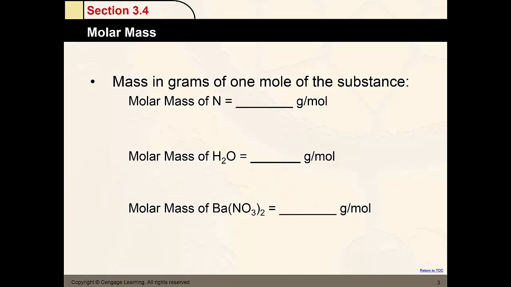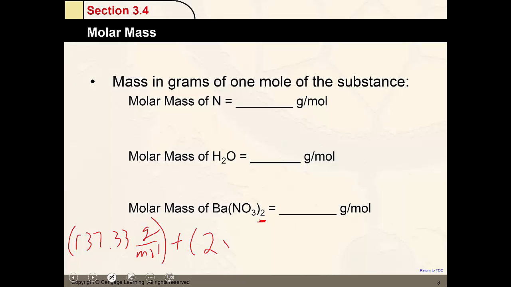Now, if we want the molar mass of Ba(NO3)2, it's a little more complicated due to these parentheses. So remember, this 2 applies only to what's in parentheses. So we still only have one barium atom, which has a molar mass of 137.33. And we add that to now, this 2 applies to everything that's in parentheses.